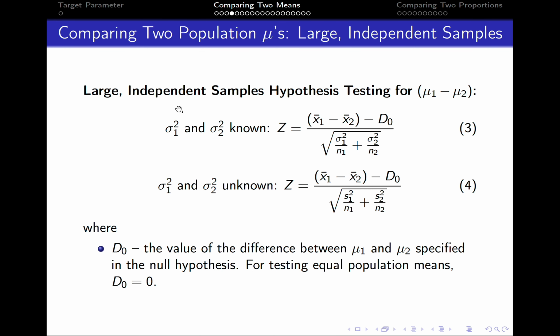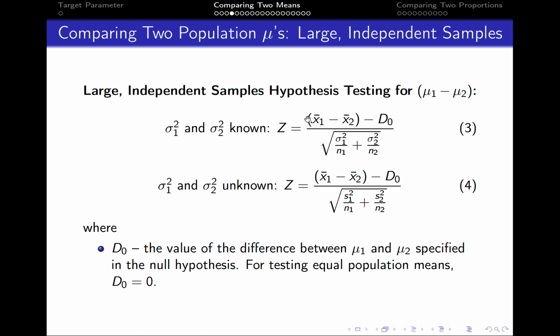We can also do hypothesis testing for the difference between two population means, and similar to the case of confidence intervals, we will have two possibilities: when we know the true population variances and when we do not know them. When we know them, the z-score is computed in the following way.